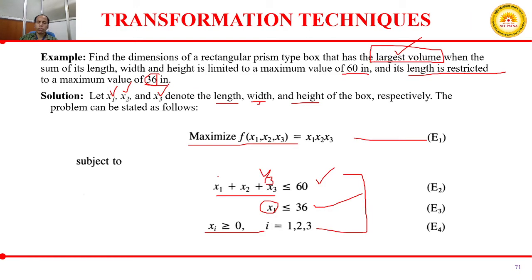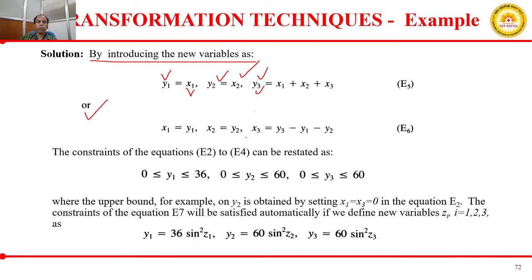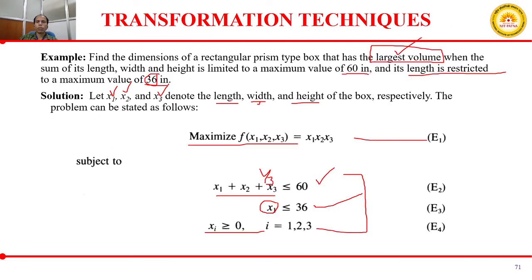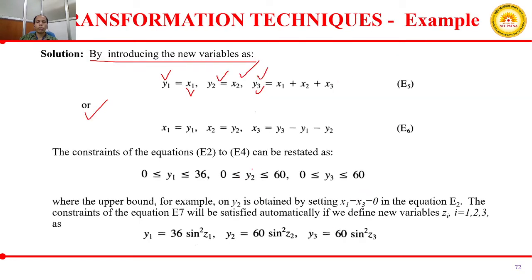For y2, what will be the value? If x1 and x3 are 0, then the maximum value of x2 may be 60.